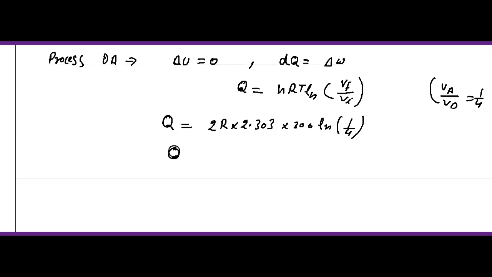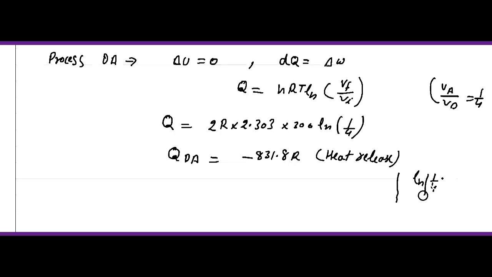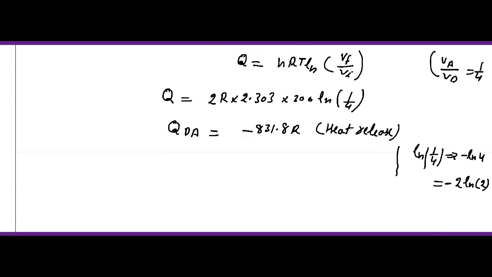After calculating this term will come 831.8 R with a negative sign. Log of 1/4 is minus log of 4, which is minus 2 log of 2, so here a negative sign will come. So now this is the heat in the second part.